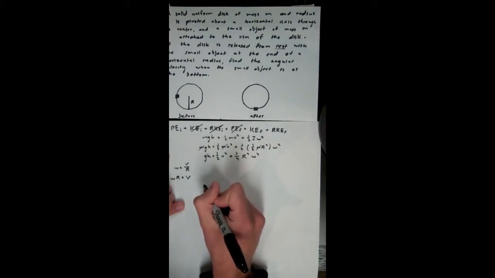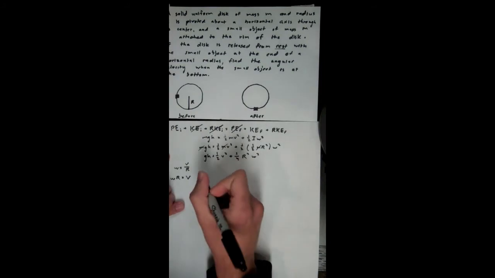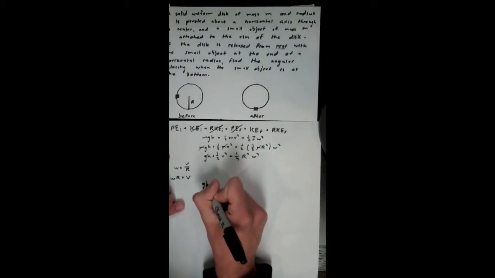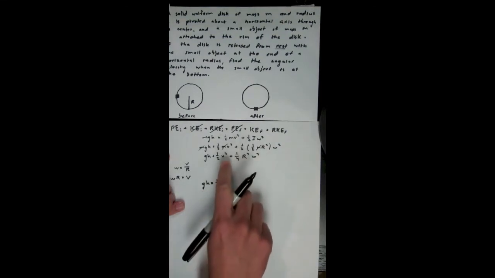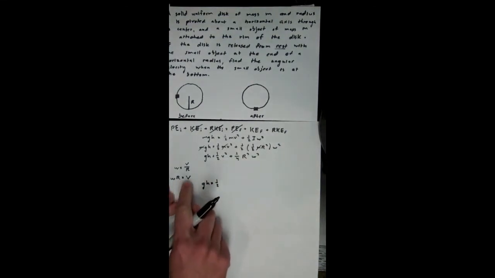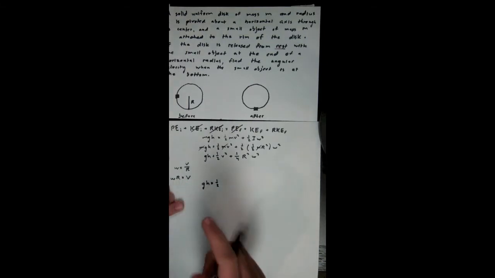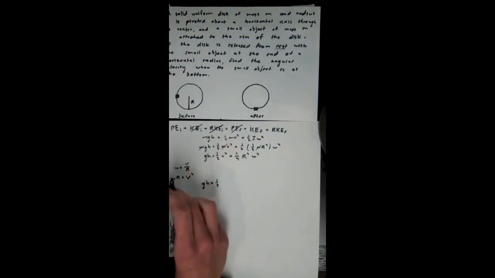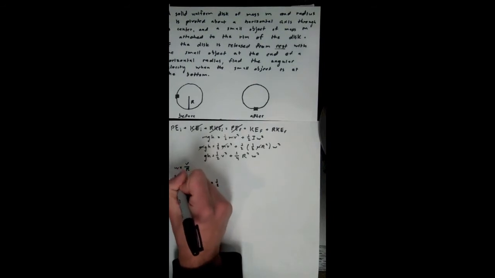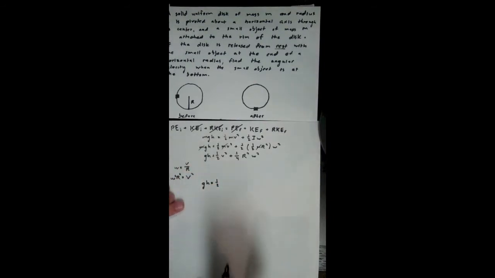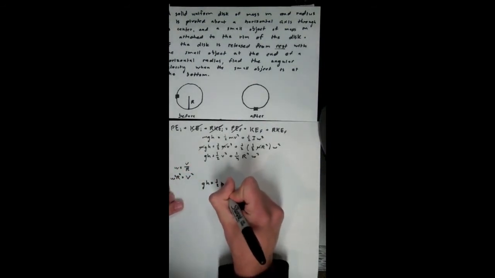So now we have gh is equal to 1/2, and now this is V squared, so if V is equal to omega R, then V squared is just equal to omega R squared, which is omega squared R squared. That's the algebraic principle there.